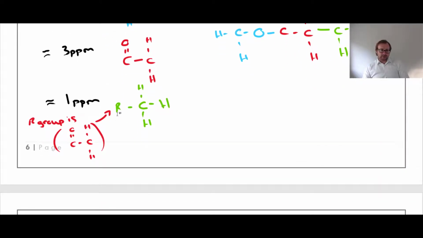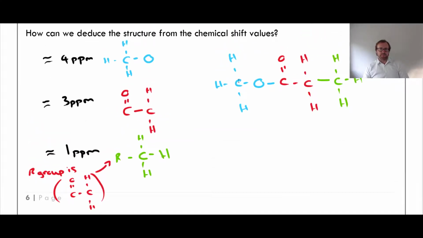And a lot of students get confused about this R group here. So this R group is basically my group at C double bond O CH2. Okay, so it's attached to carbons and hydrogens, so here.